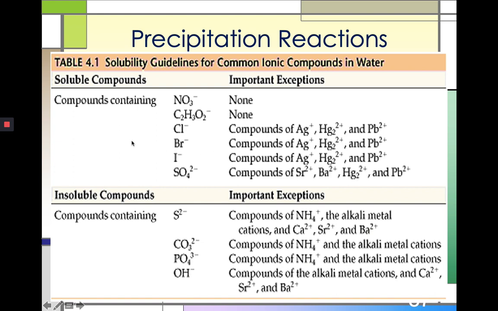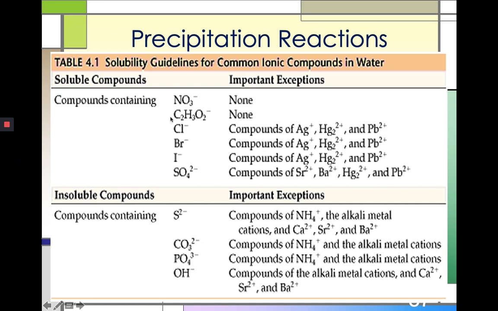For example, compounds containing the iodide ion, such as NaI, sodium iodide, are usually soluble in water, but silver iodide, AgI, mercury 2 iodide, HgI2, and lead 2 iodide, PbI2, are not soluble in water.